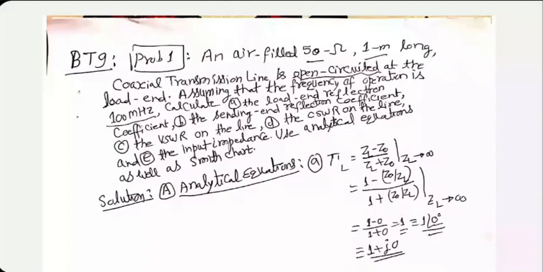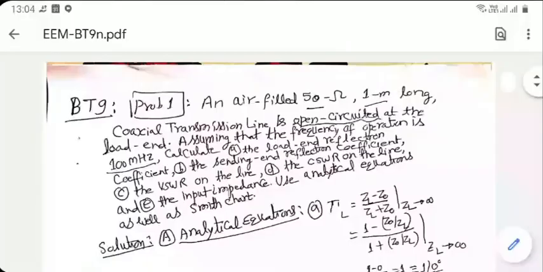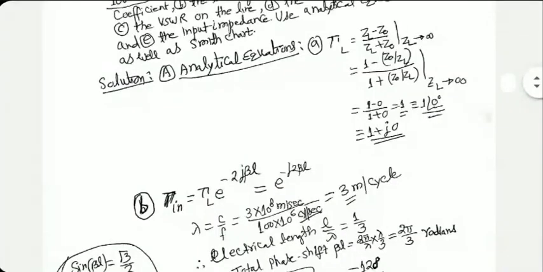Or 1 plus j0 if you want. At the sending end also, the magnitude will not change, but a phase shift will get into the game. We have proven this equation: tau in is tau L multiplied by e to the power minus 2j beta L. It's an air-filled line, so lambda will be c divided by f.